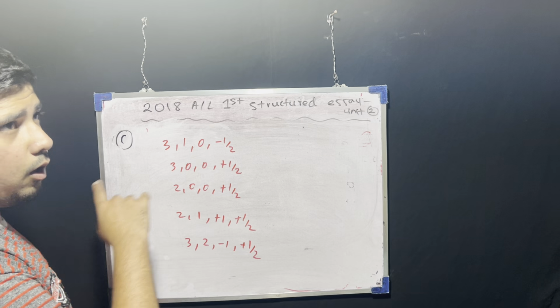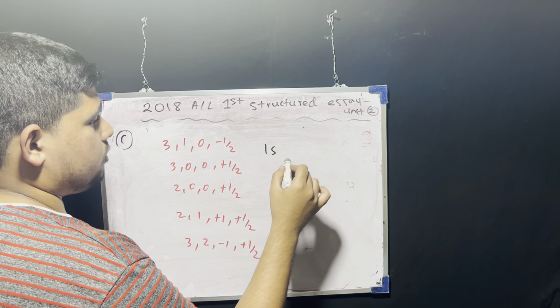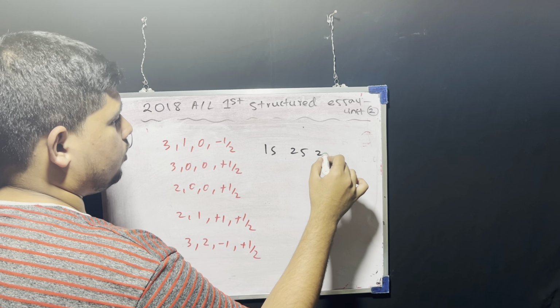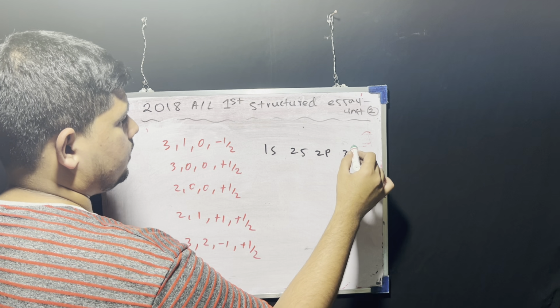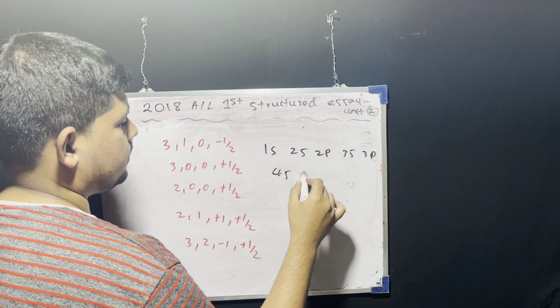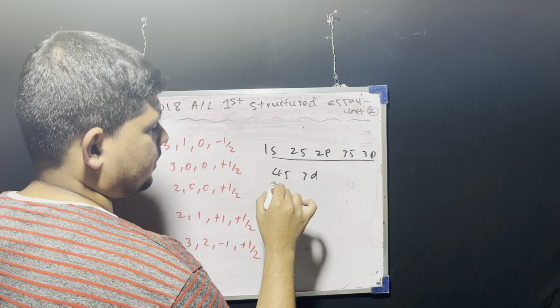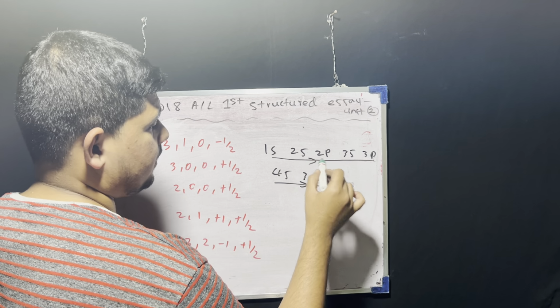Now you see the Aufbau principle. You know the Aufbau principle, right? First 1s2, 2s2, 2p6, 3s, 3p, 4s, 3d. The electrons are distributed with increasing energy level.